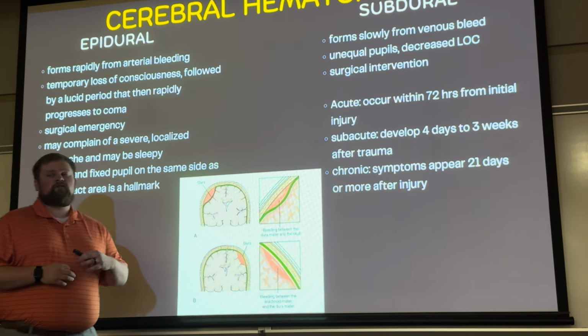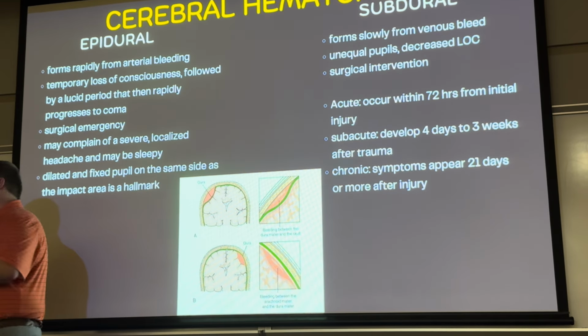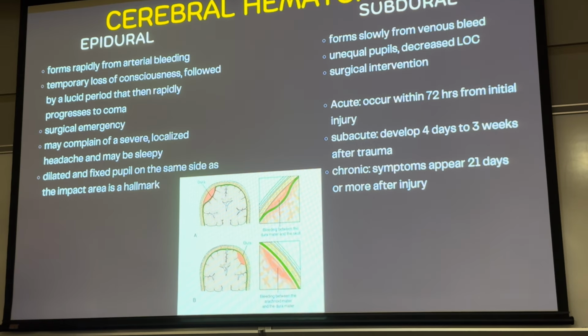Then the subacute phase, and then you have your chronic side, 21 days or more after that initial injury. All of these again are going to play a role in our changes in LOC and our neuro status.